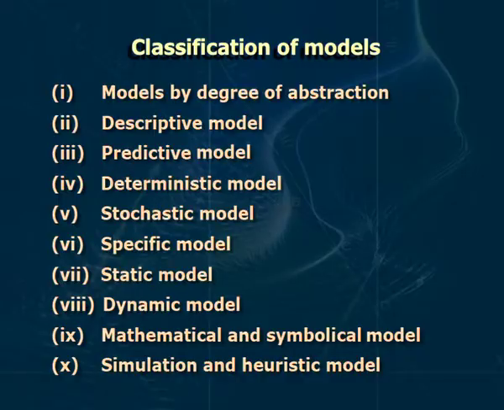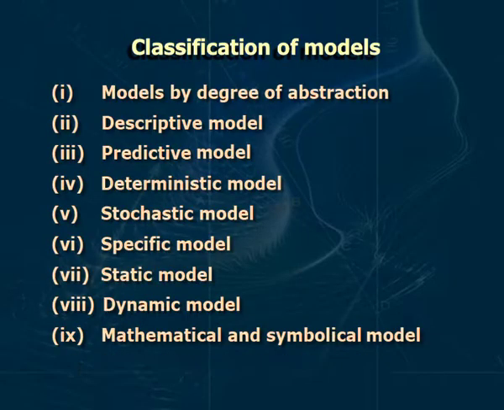9th, mathematical and symbolic model. They are most abstract in nature. They employ a set of mathematical symbols to represent the relation between the components of a real system. These models are most general and precise. Number 10, simulation and heuristic model.